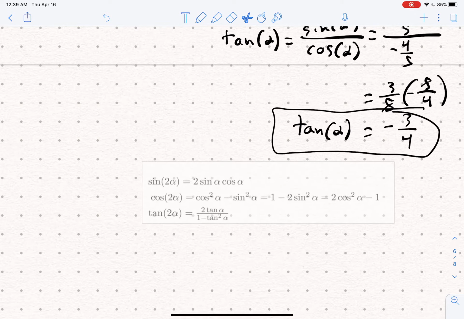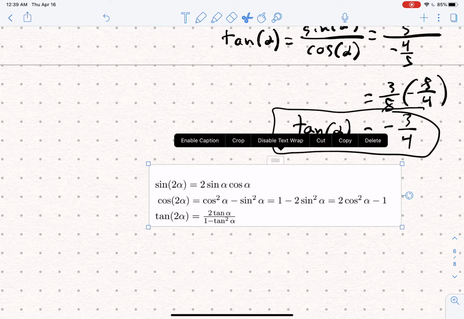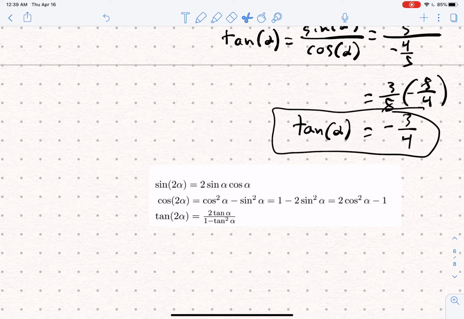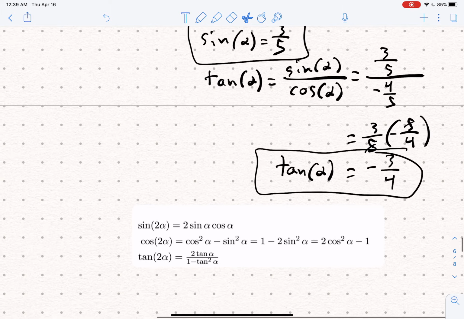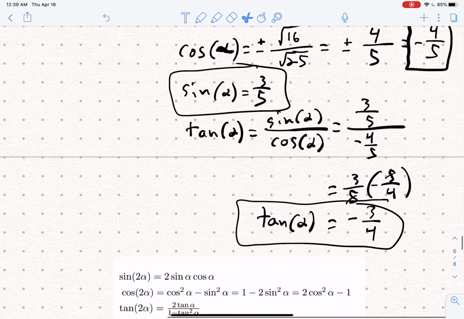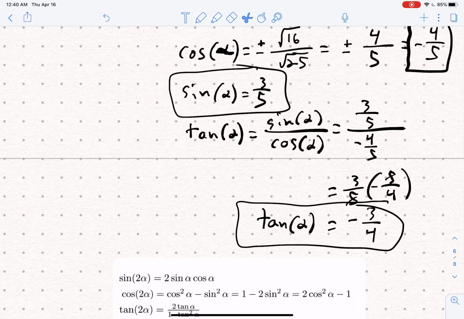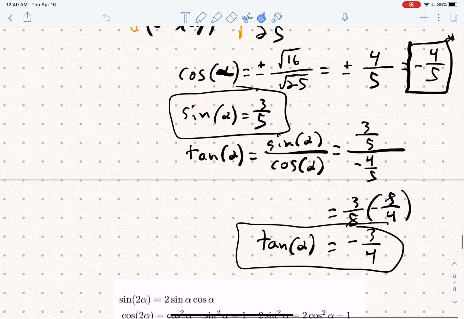Okay, so to reach the end of this problem, part A, we need to find sine, cosine, and tangent of 2 alpha. It said find the trig functions of 2 alpha. And we're going to do it based on the sine, cosine, and tangent of the original alpha. Cosine of alpha was negative 4 over 5, sine of alpha was 3 over 5, and tangent of alpha was negative 3 over 4. Let's go ahead and plug in and see what we get.